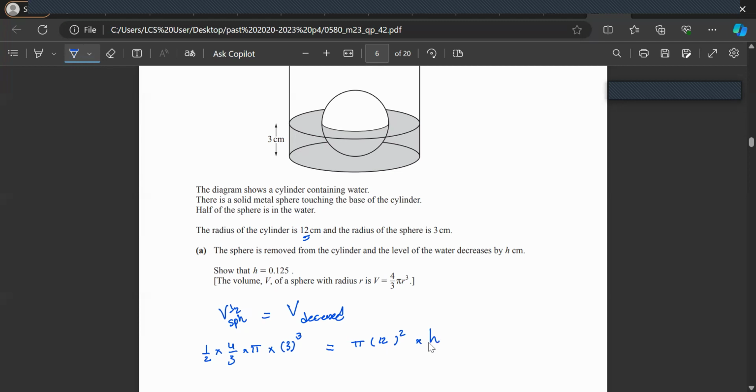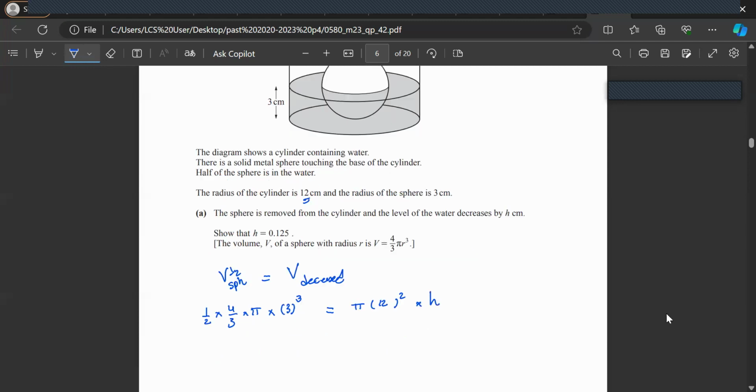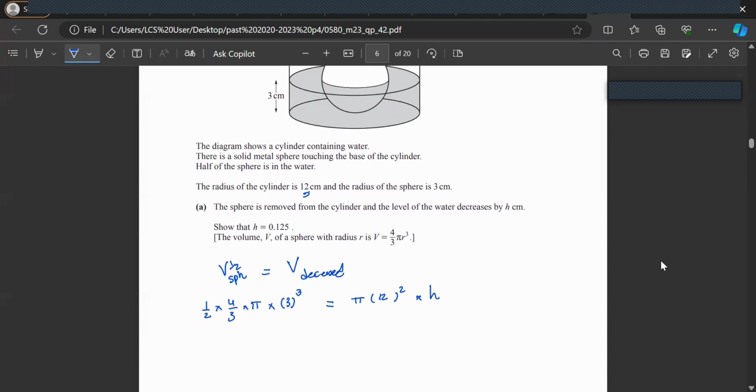Okay? Done? So can we calculate this? I can cross out the pi, then divide by this. So h from here will be 0.125, which is required.